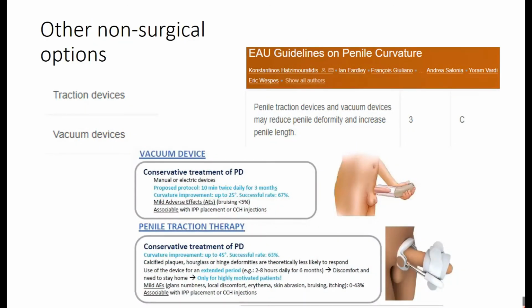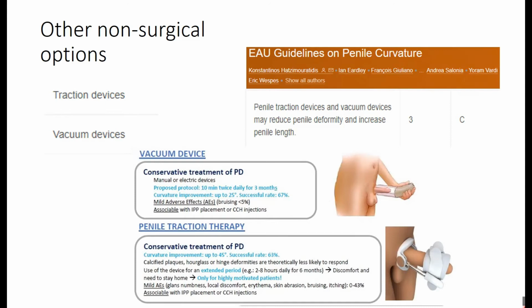Other non-surgical options are the traction devices. In the traction devices, we have the vacuum device. A vacuum device is a conservative treatment for Peyronie's disease. It uses manual or electric devices, as you have seen in the picture. The proposed protocol is 10 to 15 minutes daily for 3 months.